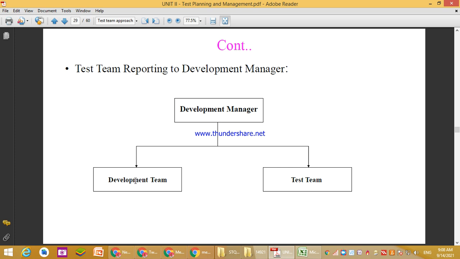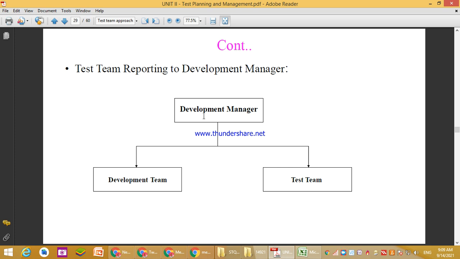This team also reports to the development manager and the test team also reports to the development manager. Please see this block diagram and just memorize the picture so it becomes easy while writing the answer in the answer sheet.